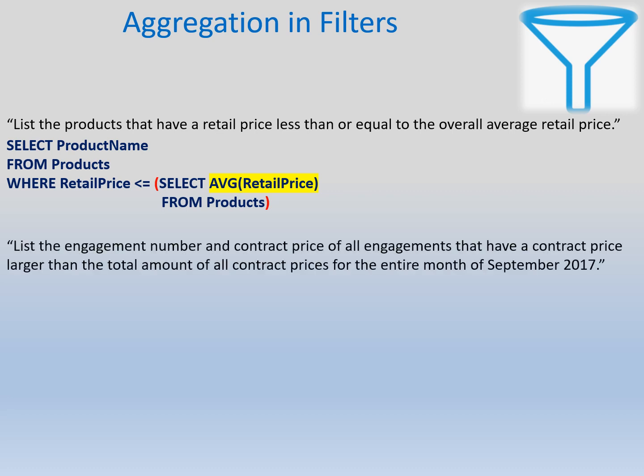Another query lists the engagement number and contract price of all engagements that have a contract price larger than the total amount of all contract prices for the entire month of September 2017. So we see we have some conditions here.